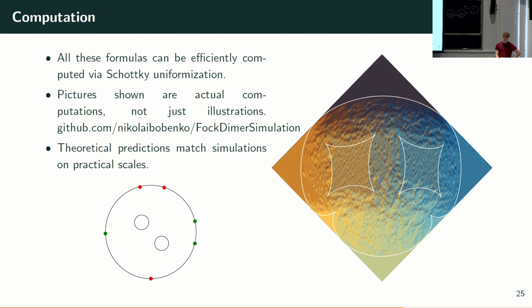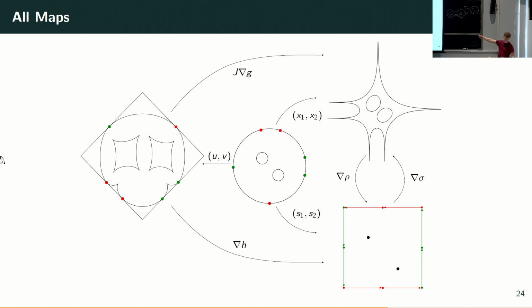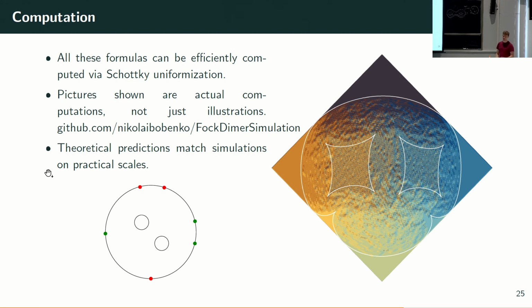All right. So now this is actually exactly this example, right? So this is using exactly this data to get a configuration right here. As I said, everything that I'm showing can be computed completely explicitly.